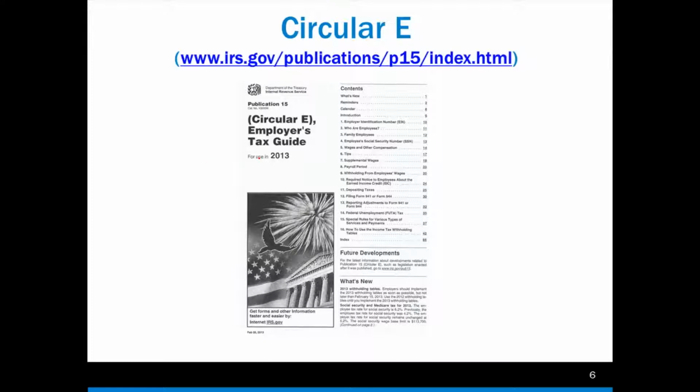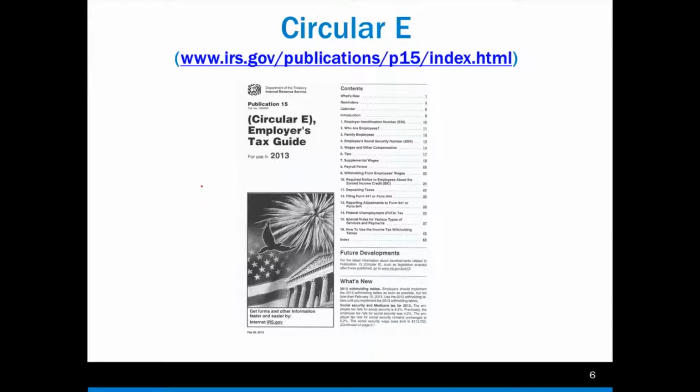Every time there is a change, the government sends more information to the business so they know what's going on. But we're going to keep it to what's in the textbook, because the concepts are all the same. The rates and things like that are the only things that change. It's just how you calculate it that changes, but the basic concepts all stay the same.